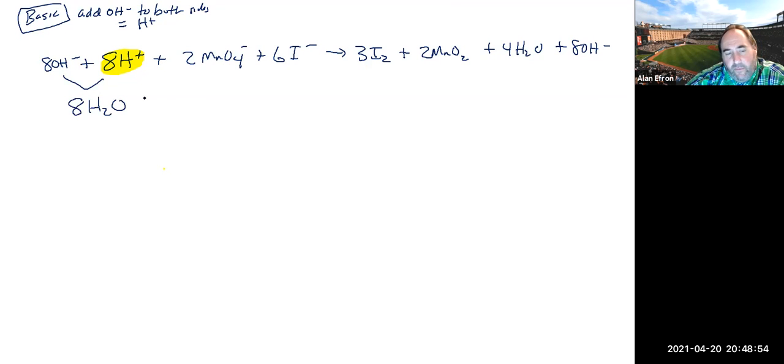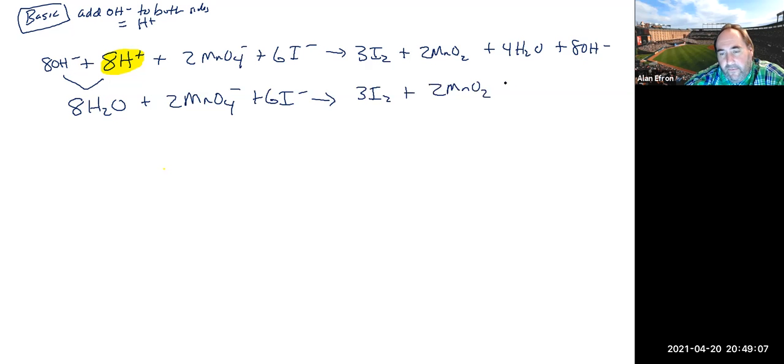Remember, the side where the OH and the H pluses will combine to make water. So that's going to give us 8 waters plus 2 MnO4 minuses plus 6 I minuses goes to 3 I2 plus 2 MnO2 plus 4 H2O and 8 OH minuses. Just like normal, we've got a water situation that will reduce.